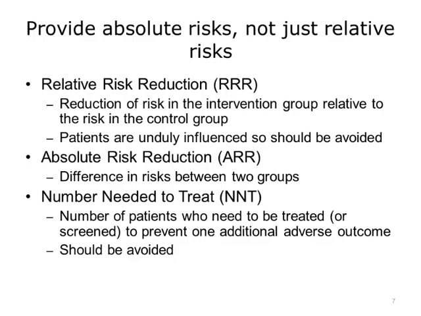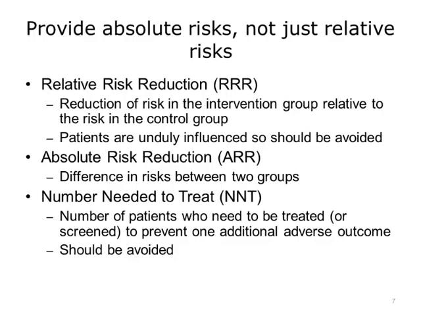Risk reduction can be presented using relative risk reduction, or RRR, absolute risk reduction, or ARR, or numbers needed to treat, or NNT. The relative risk reduction is the reduction of risk in the intervention group relative to the risk in the control group. The absolute risk reduction is the difference in risks between two groups.